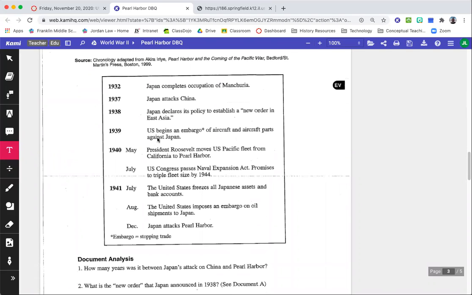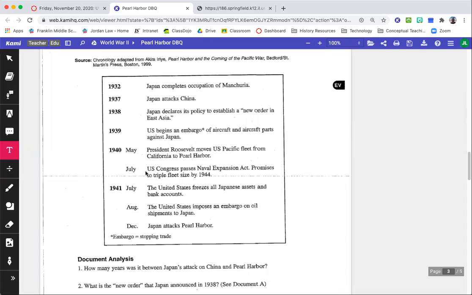In 1939, the U.S. begins an embargo, meaning they're going to stop trading airplanes and airplane parts to Japan. In May of 1940, President Roosevelt moves the U.S. Pacific Fleet from California to Pearl Harbor, getting it closer to Japan. This is a good chunk of the American Navy.